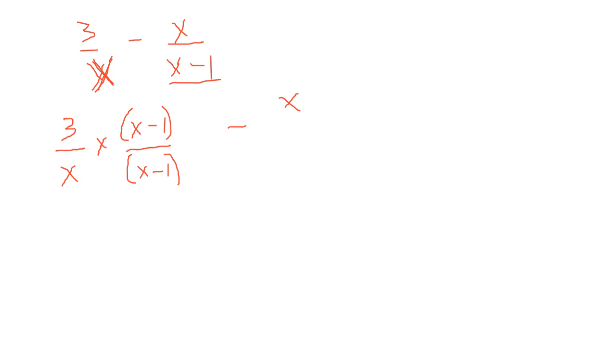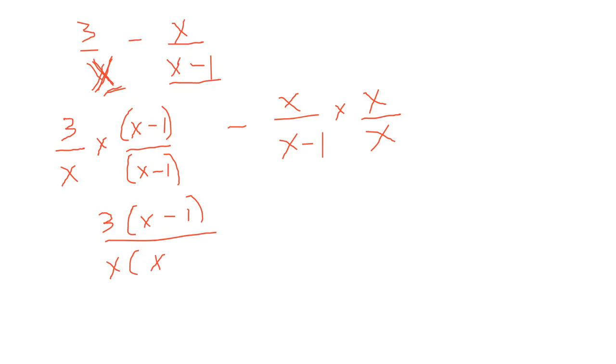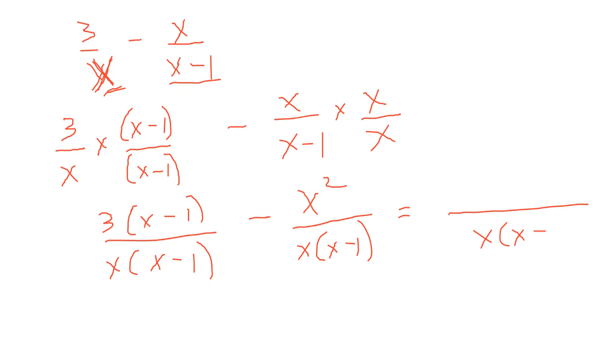Minus x over x minus 1 times x over x, so that we get the same denominator. So 3 times x minus 1, you have 3 times x minus 1 over x times x minus 1, minus x times x, which is x squared, over x times x minus 1. So we are still going to get the same denominator. This will be equal to the numerator 3 times x minus 1 minus x squared, over x times x minus 1.